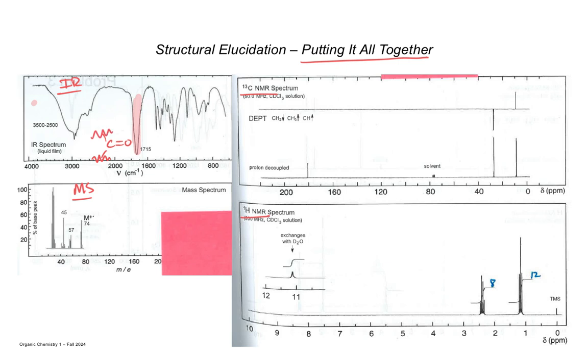And those squiggly lines are fragments. So right now we know we have C and O. We also know that that's 1 degree of unsaturation due to the pi bond. This broad thing here, 3500 to 2500, that's the OH.